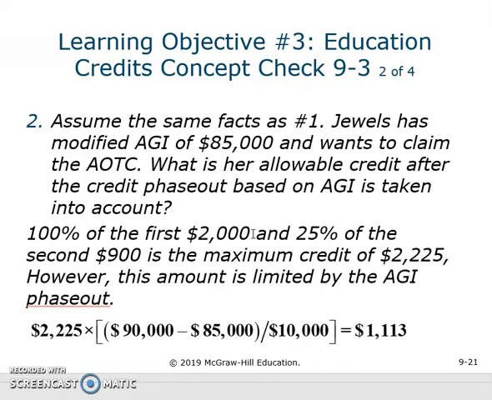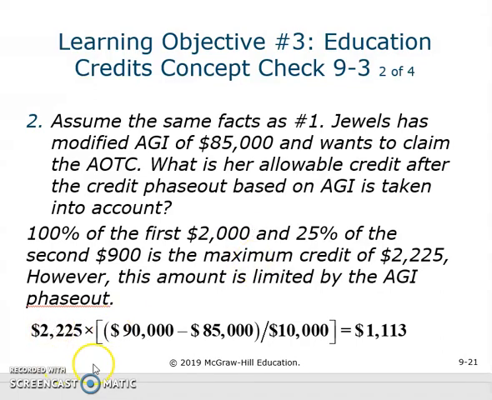So their maximum allowable credit based on the expenses of $2,900 would be $2,225. However, this amount is going to be limited by the AGI phase out.